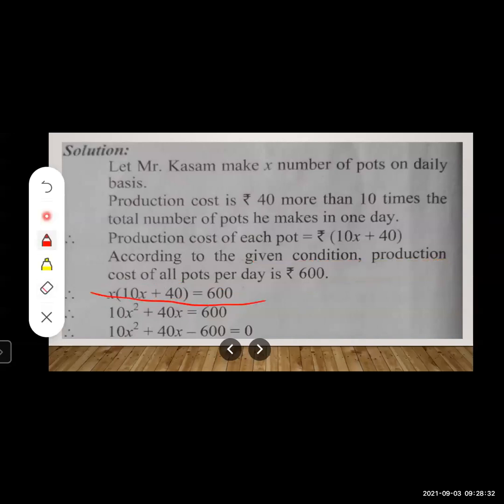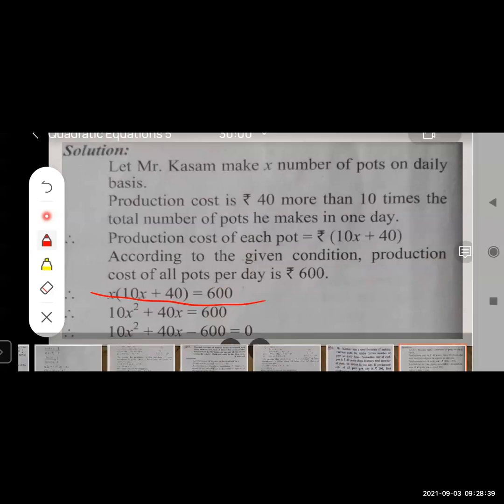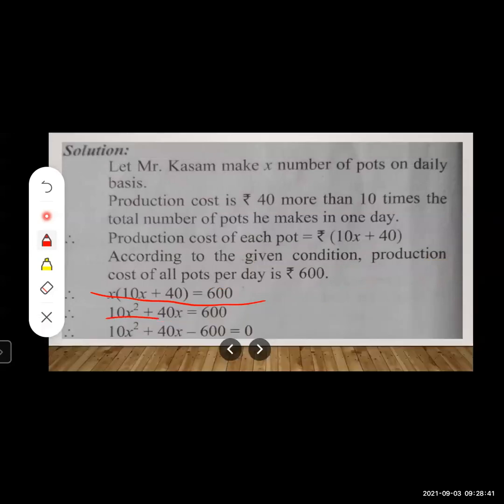Okay, now let us solve this equation. By further simplification, you will get X into (10X plus 40) equal to X into 10X, which is 10X square, plus X into 40, which is 40X, equal to 600.